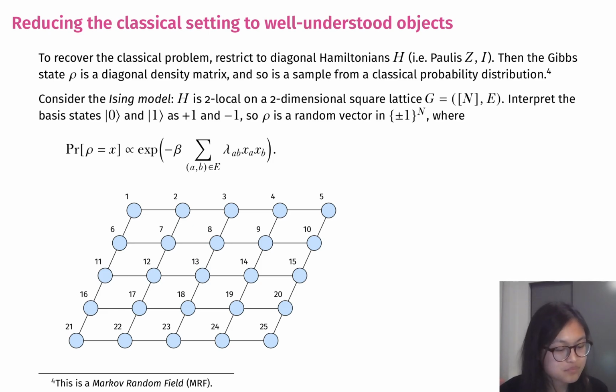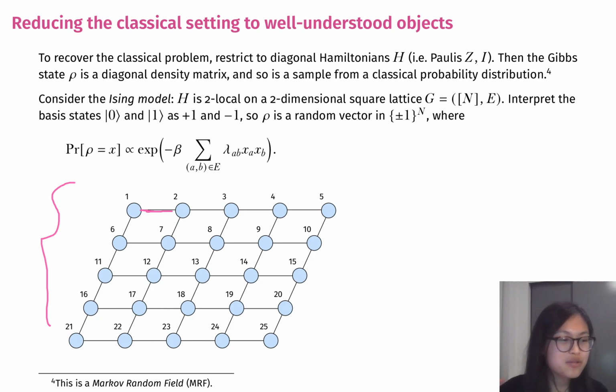For example, we could look at the Ising model. This is the model where we're on a 2-dimensional lattice and all the terms are 2 local. I'm representing a term by an edge between the two qubits, or 2 bits now, that it acts on.